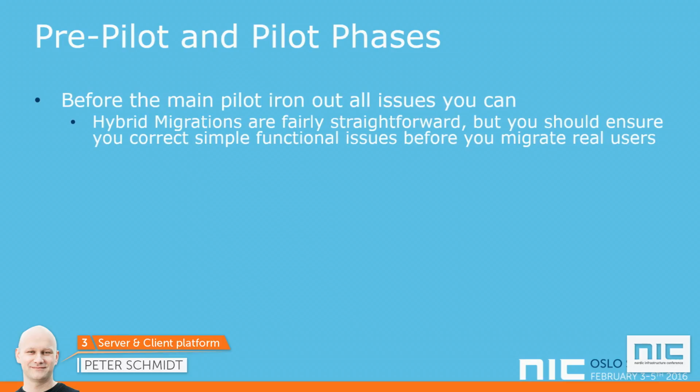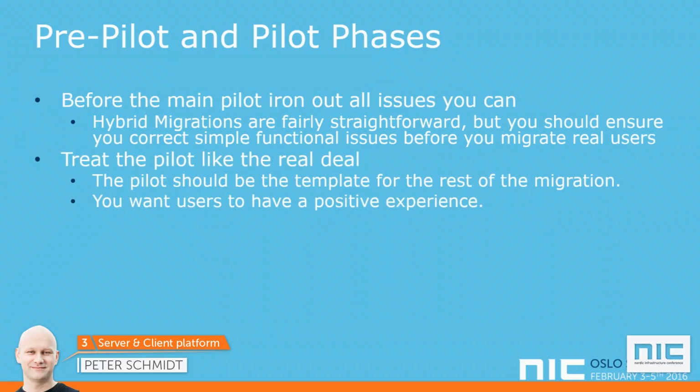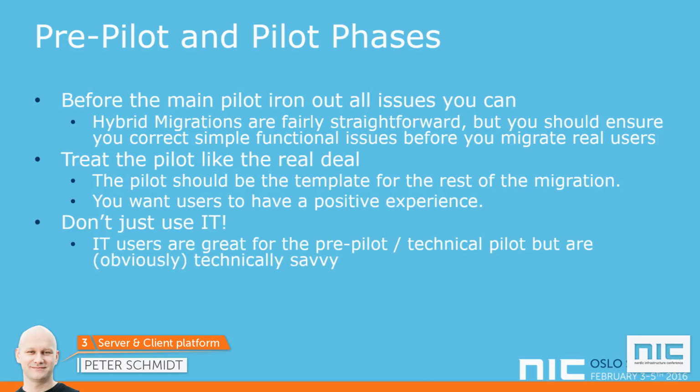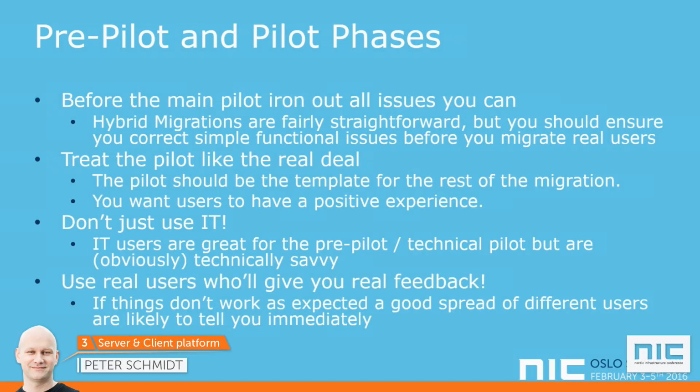So, like everything else, plan ahead and make sure you test this before you start off with an organization with like 500,000 plus mailboxes. Do a pilot and make sure that pilot includes real people, not just the IT department, but you need the feedback from the people actually using Exchange in this process.